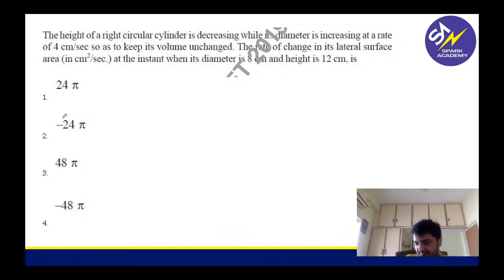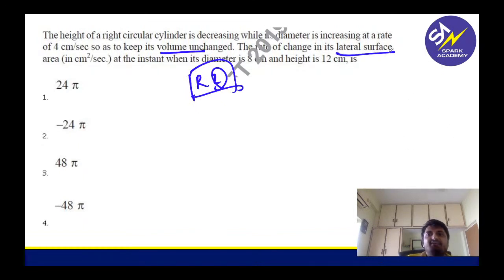What about this? This is also round 1 or round 2 actually. This is round 2 I will keep because they are asking many things here. They have given volume, they have given lateral surface area, they have given diameter, so you have to convert in terms of radius, they have given height, they have given this. How many questions done so far?